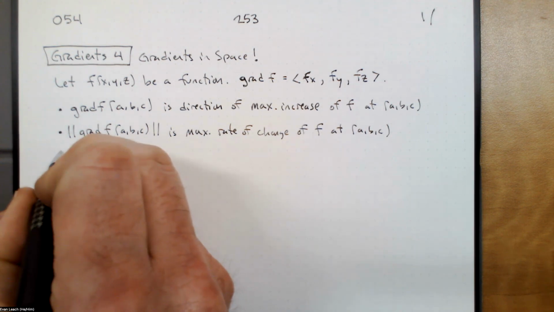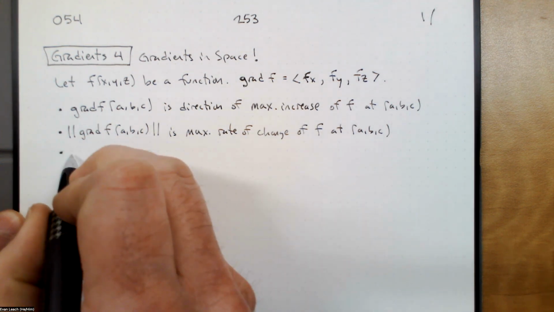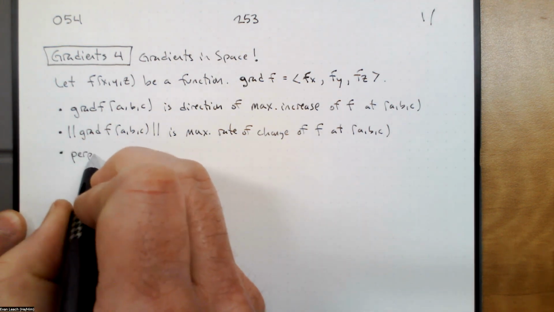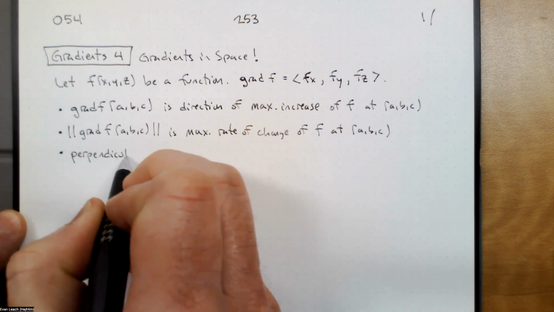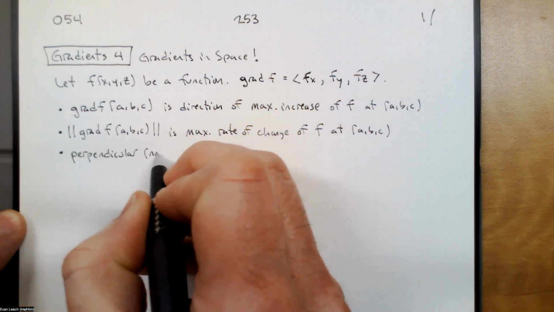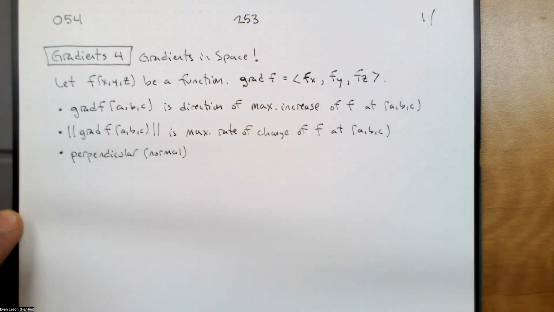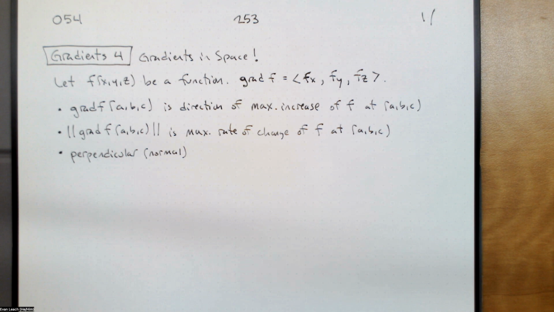Normal is close enough. The gradient is going to be perpendicular, normal. The other thing that we said about the gradient when we had a function of two variables is that the gradient is perpendicular to the level curves.